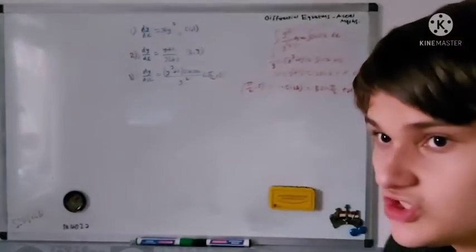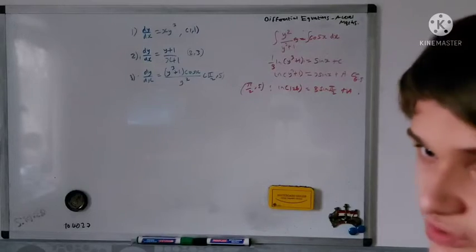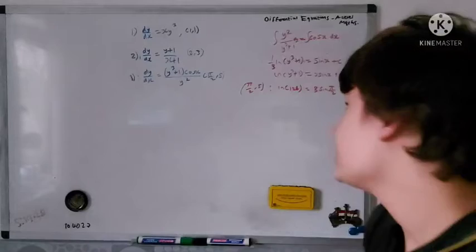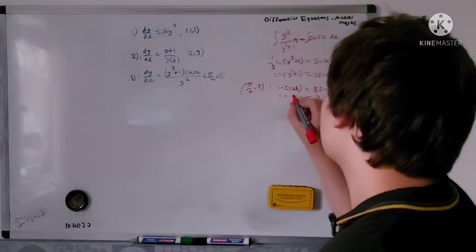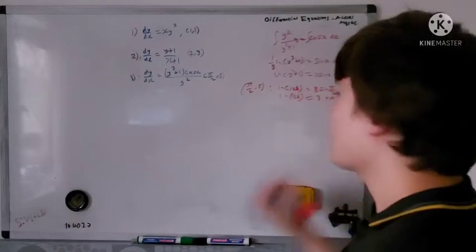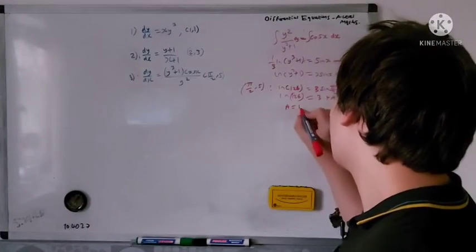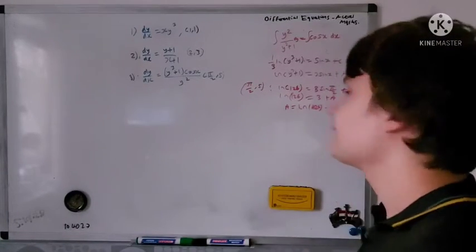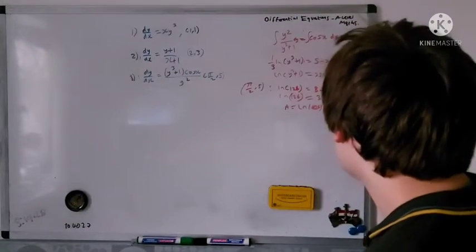Now, sine of pi over 2, if you can remember what sine of pi over 2 is, it's quite nifty because 3 lots of that will just give me 3. It's quite neat, actually. So it's actually 3 plus a. Okay. So a is log of 126 take away 3.